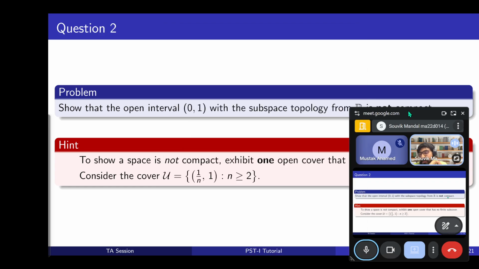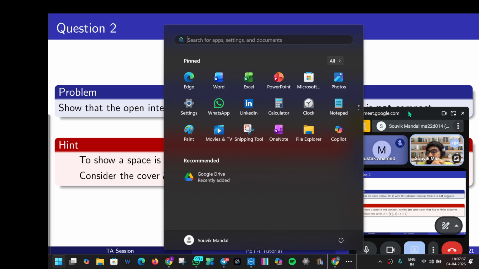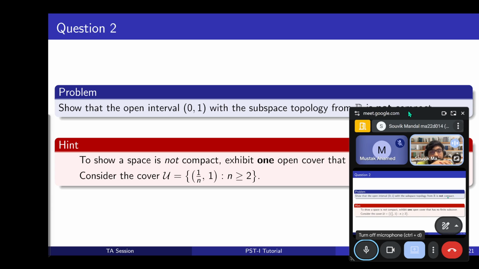Here we have some open cover, and you need to show that this is not a finite subcover. What you need to do is start by assuming that it is a finite subcover, and then come up with some contradiction, correct? Please think about it and let me know. Take your time.